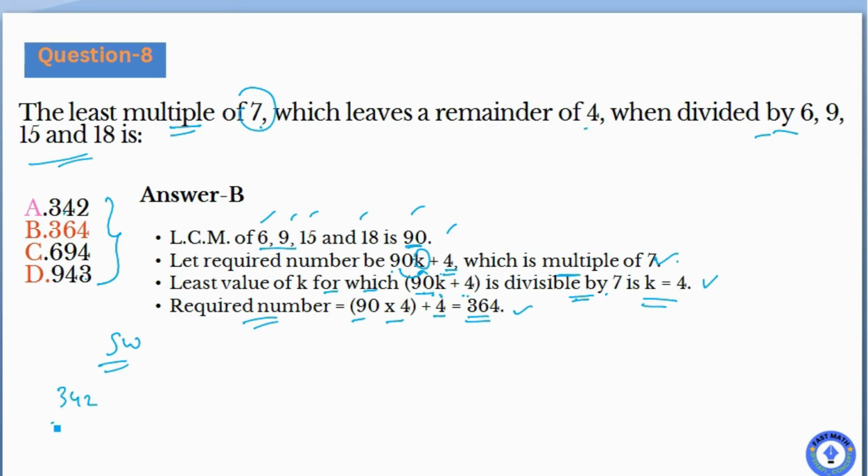Just divide 364 by 7, 694 by 7, 943 by 7. This is the only one where you have remainder 0. Everywhere else you get a remainder. That's why the answer will be directly 364.